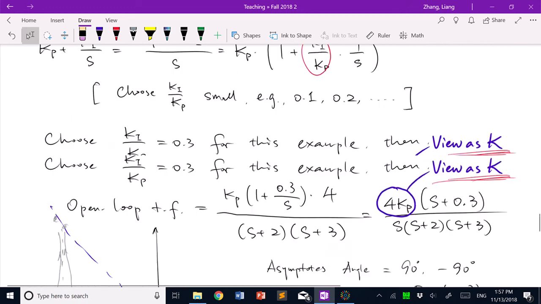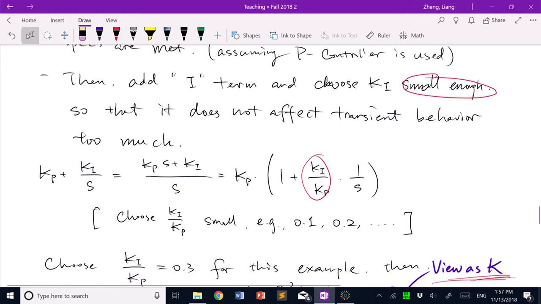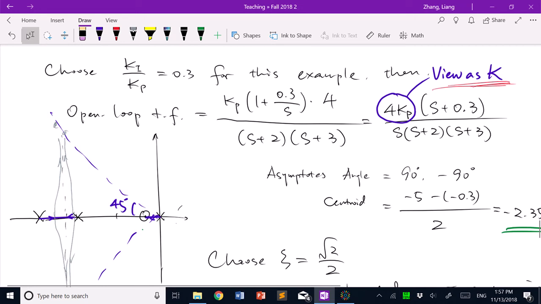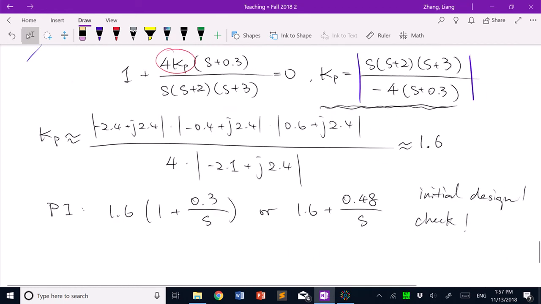And the way to keep them as close as possible to each other is to choose this Ki over Kp as small as possible. So choosing a small number will help you retain the shape of the root locus similar to the one that you have with only P control. And this will be the process to do this.